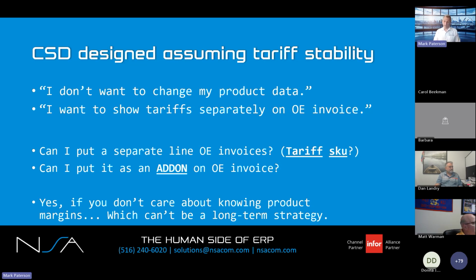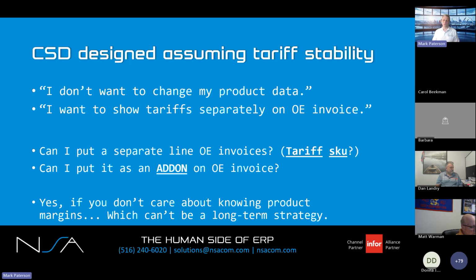So customers are calling and saying this is what I want to do. They want to put a separate line on their sales invoice that says tariff. If it was a 5-line order, it'll end up being a 10-line order because they want to put all these tariff lines on there. The other thing that's coming up is, how about we put that tariff as an add-on? These things are possible, but as soon as you start putting the revenue that you're charging on a sales invoice on something other than the product, your margins are going to be wrong, which is not sustainable.